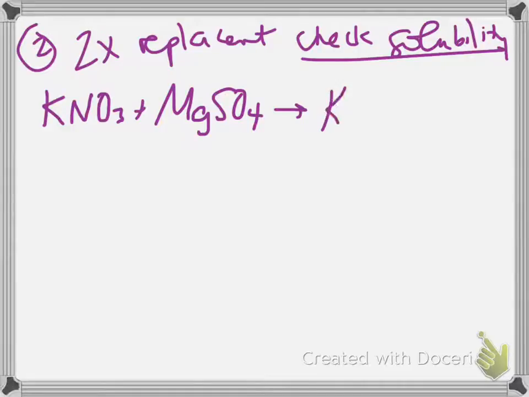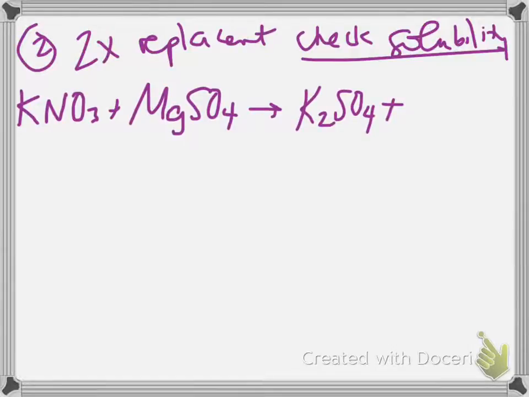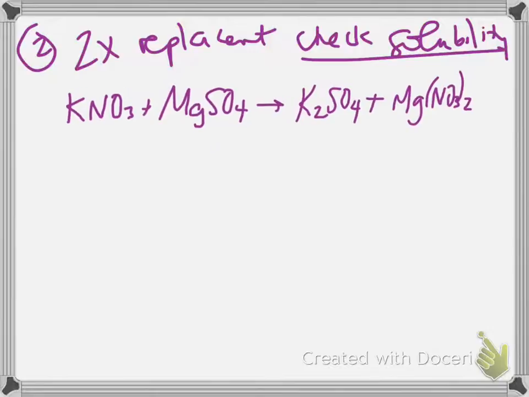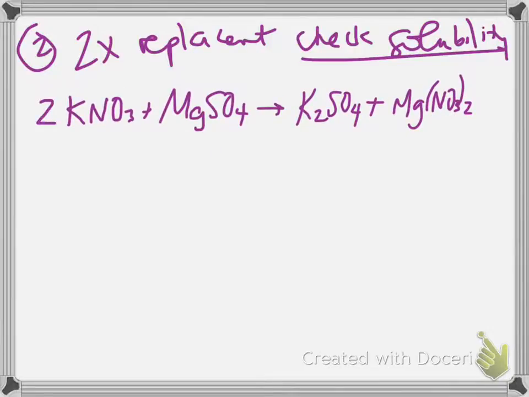Well, we'd get K2SO4, because remember sulfate has a 2 minus, potassium is a 1 plus, that'd be K2SO4, and we'd get magnesium nitrate, Mg(NO3)2. Again, magnesium has a 2 plus charge, nitrate only has a 1. So we do have to balance this, of course. And it's pretty easy. We just stick a 2 out there.